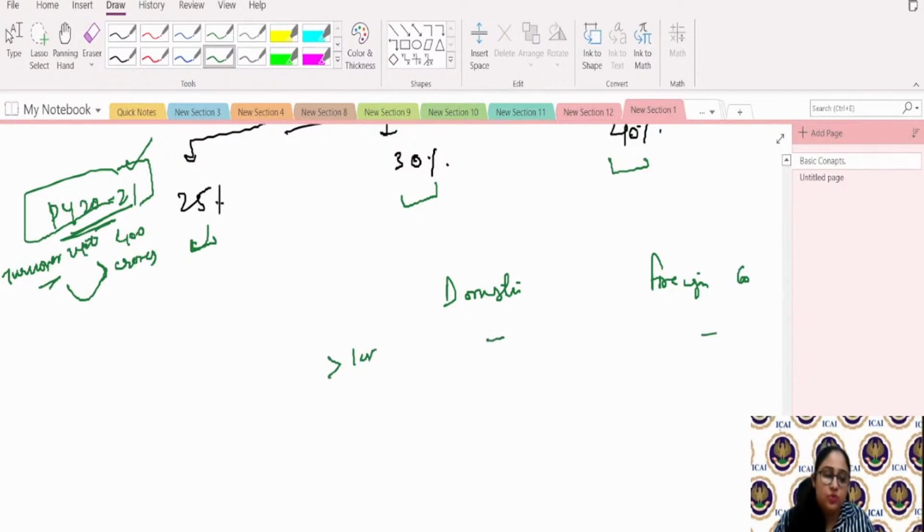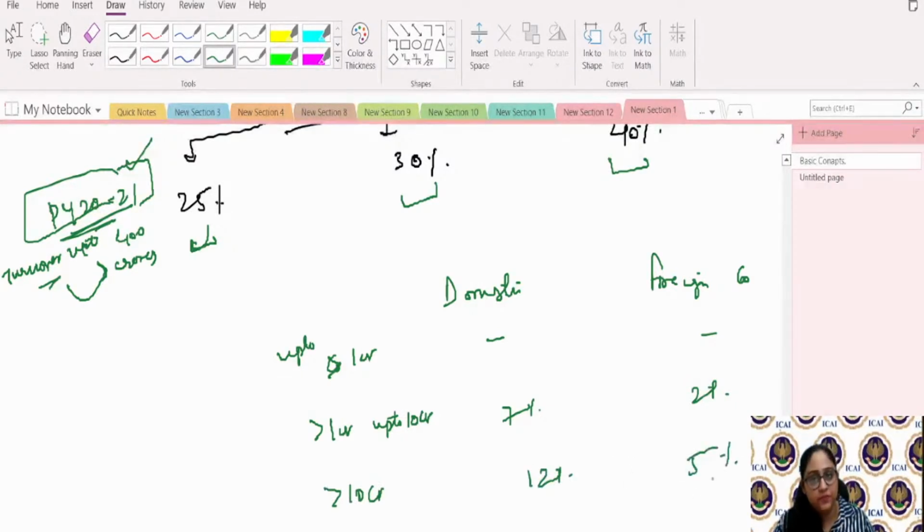If the income is more than 1 crore but up to 10 crore, surcharge rate is 7% for a domestic company, 2% for a foreign company. If income is more than 10 crore, surcharge is 12% for a domestic company, 5% for a foreign company.